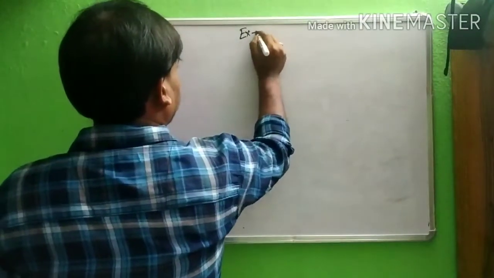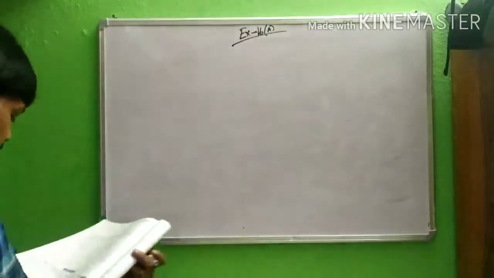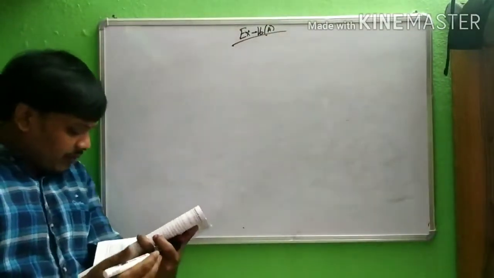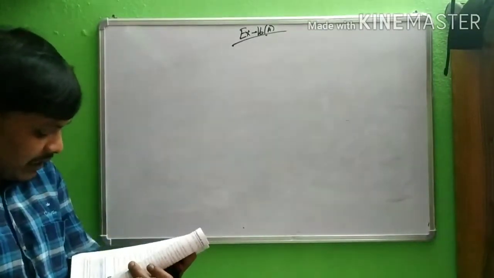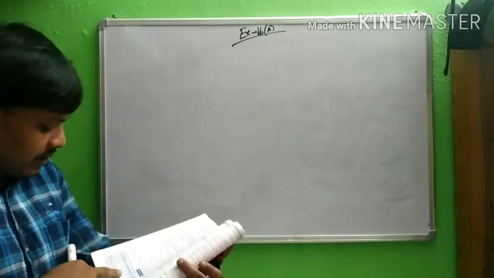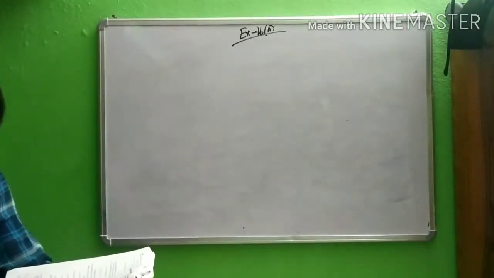Exercise 16A. Question number 1, find the area of the following trapezium. Here height and parallel sides are given, we only write the formula and put the values, and we get the result.